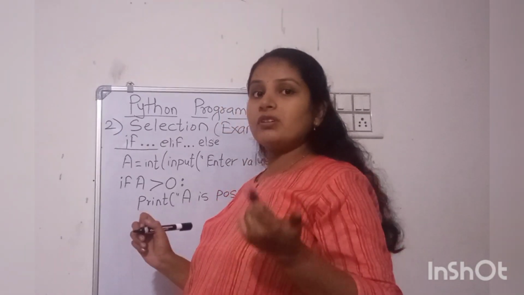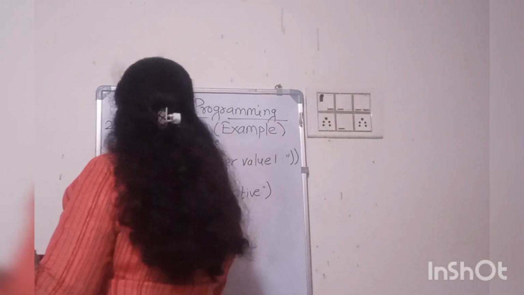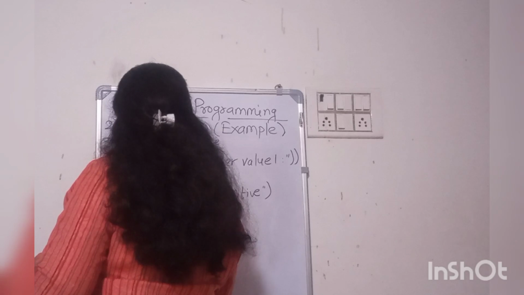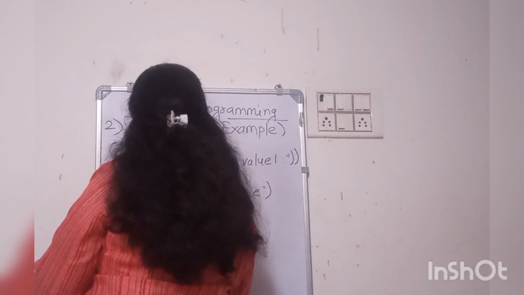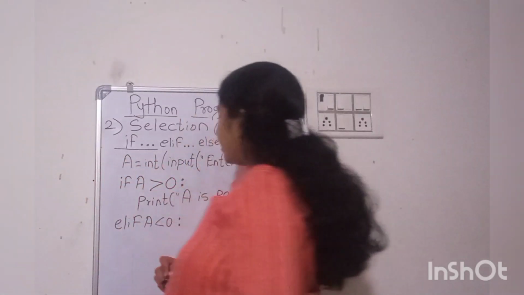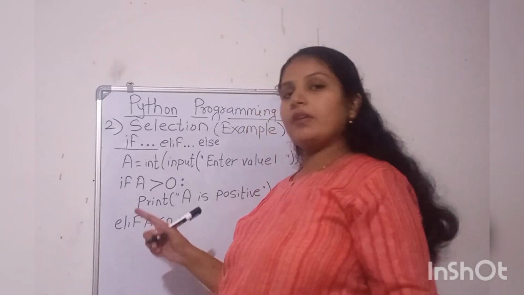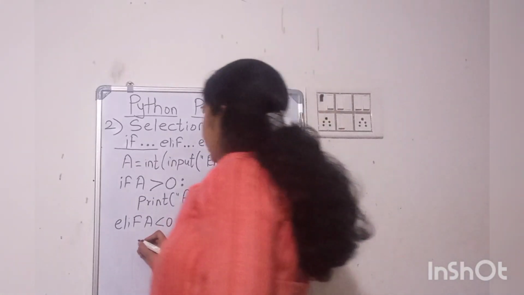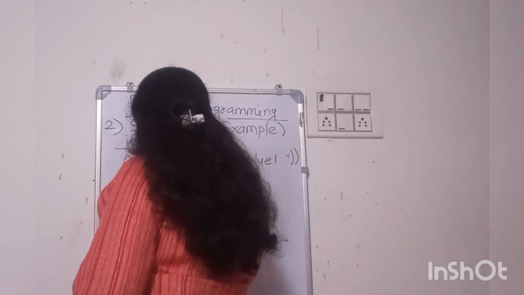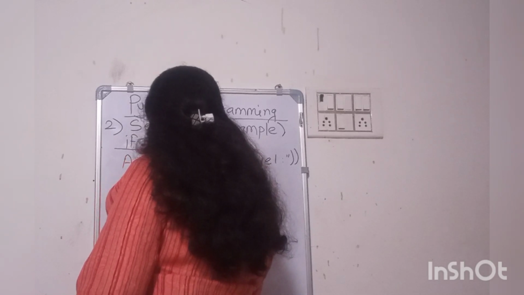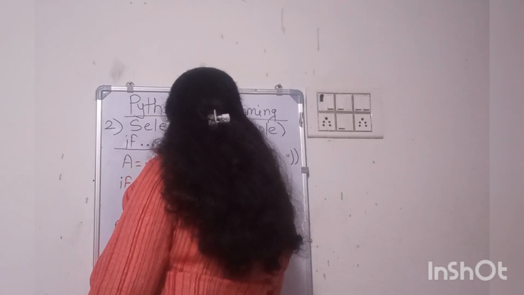I am checking for the negative number. So the second condition is elif a is less than 0. This will be my separate condition. If a is less than 0, then print a is negative.